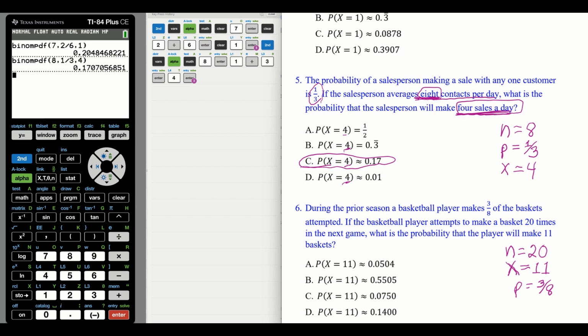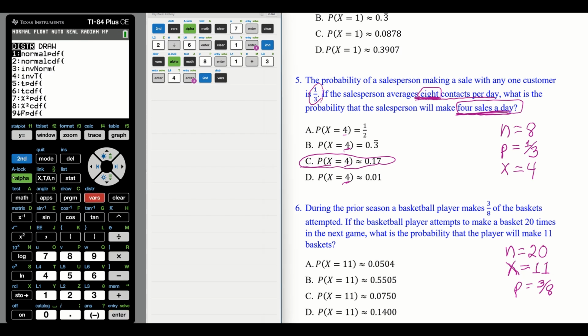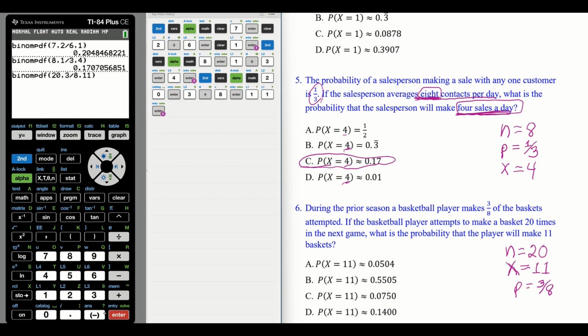Okay, so we go to second vars alpha math. All right, so we have trials 20, enter. Our new probability is 3/8, enter. And our future attempts is 11, enter again.